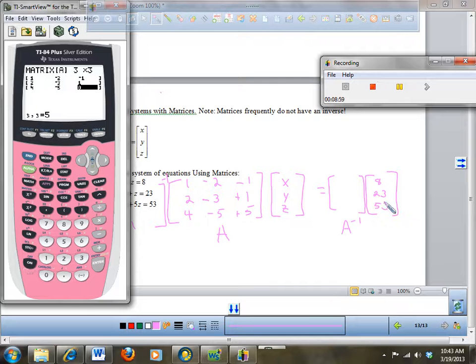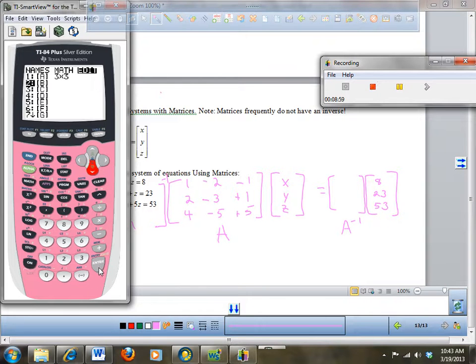Then I have to put in the constant matrix over here, which I'm going to call matrix B. So I'm going to go second, quit out of here, and go second matrix, go down to B, and edit that one. Okay, and I want that one to be a 3 by 1 matrix.